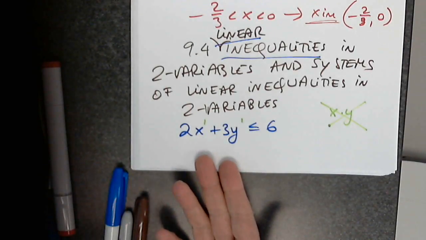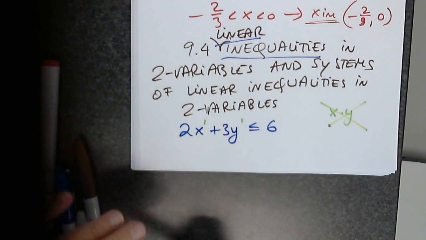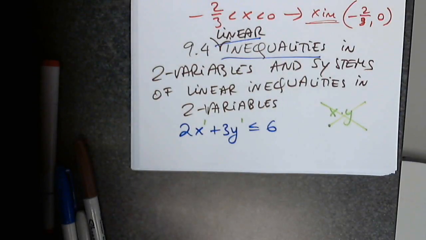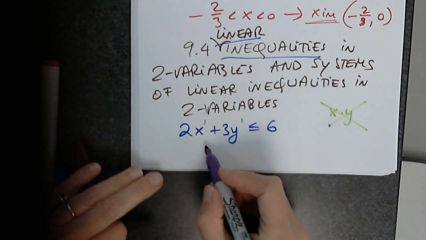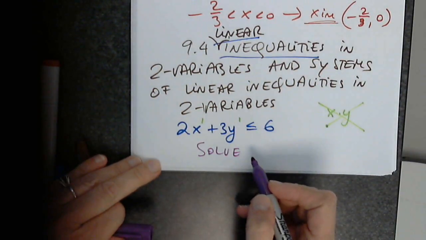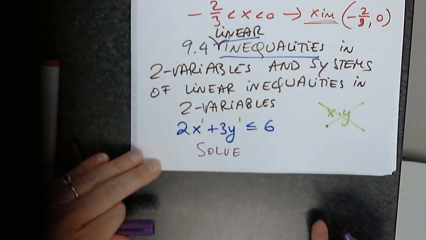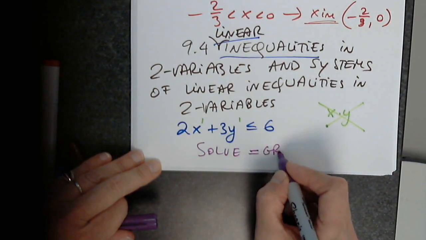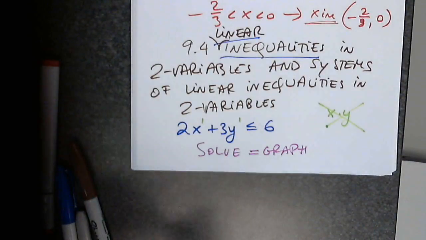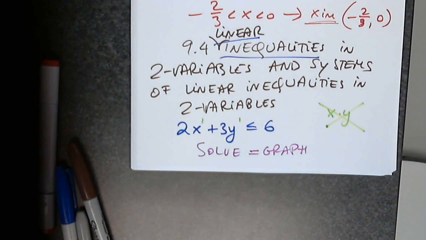It has two variables. What is the procedure for solving this? This is the one time in which I will say that solve means graph. I will never say that again, that solving something really means graphing that thing.